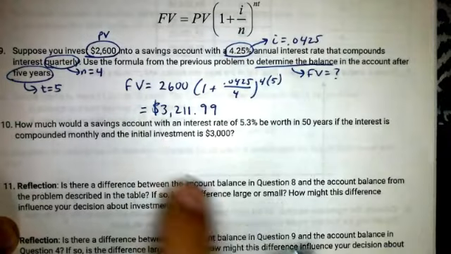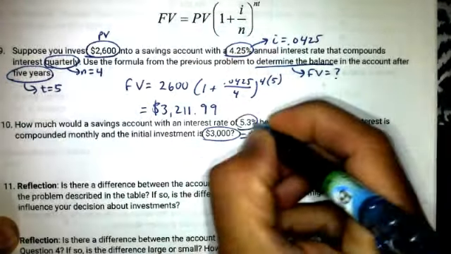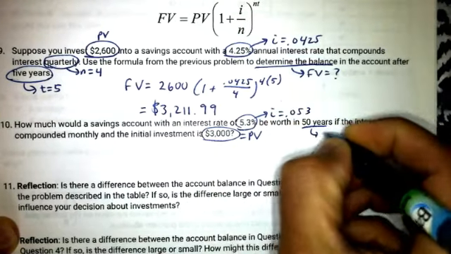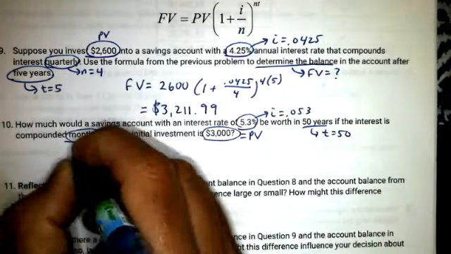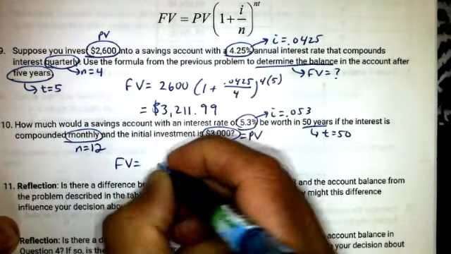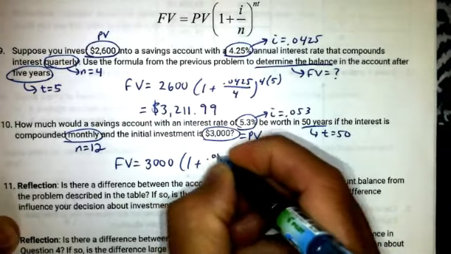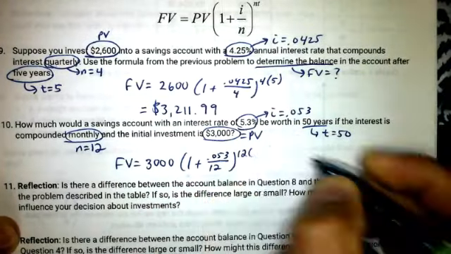Another example here: we have our initial investment of $3,000. That's our PV. Our interest rate here is going to be 0.053. Our time is 50 years, and we want it compounded monthly, where n is 12. So our future value is the initial investment, $3,000, times 1 plus 0.053 over 12 for monthly, raised to the 12 times 50.